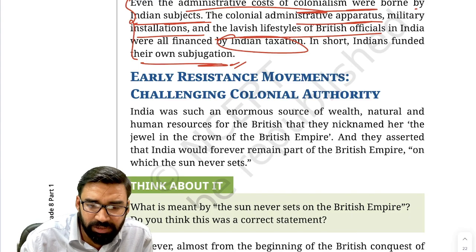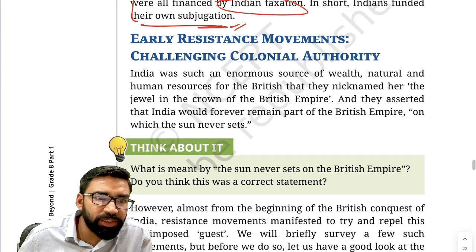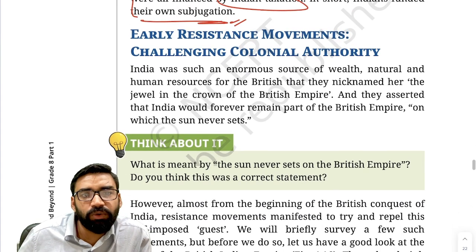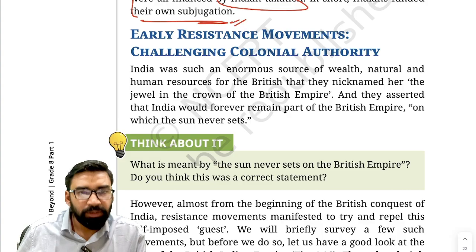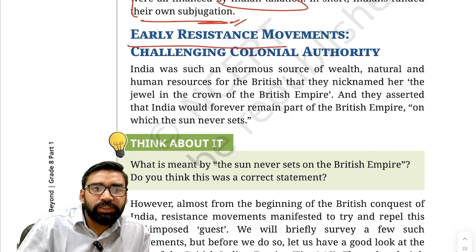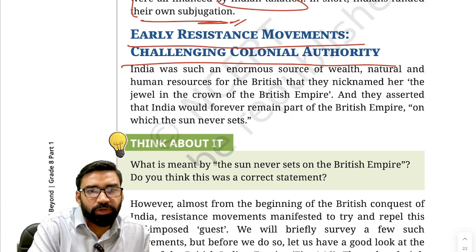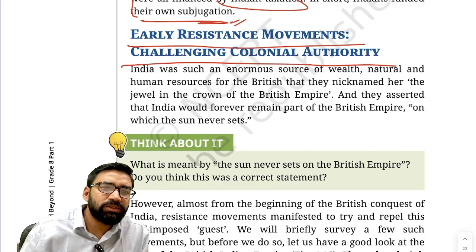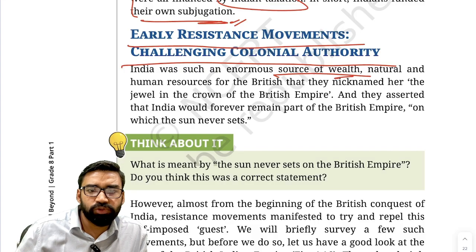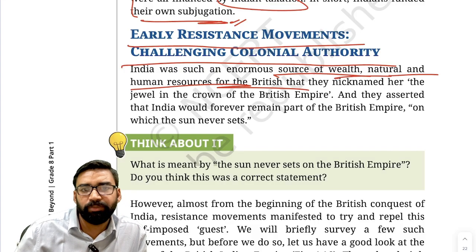Because of these things, resistance movements started, which challenged the colonial authority. So, early resistance movements challenged the colonial authority. India was known for the enormous source of wealth, natural and human resources for the British.